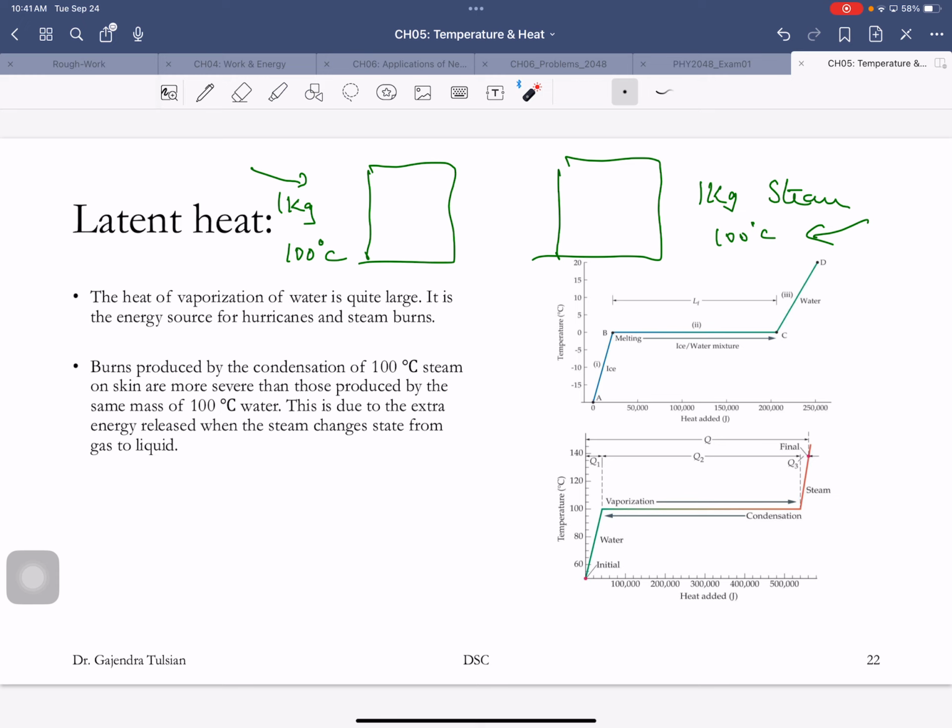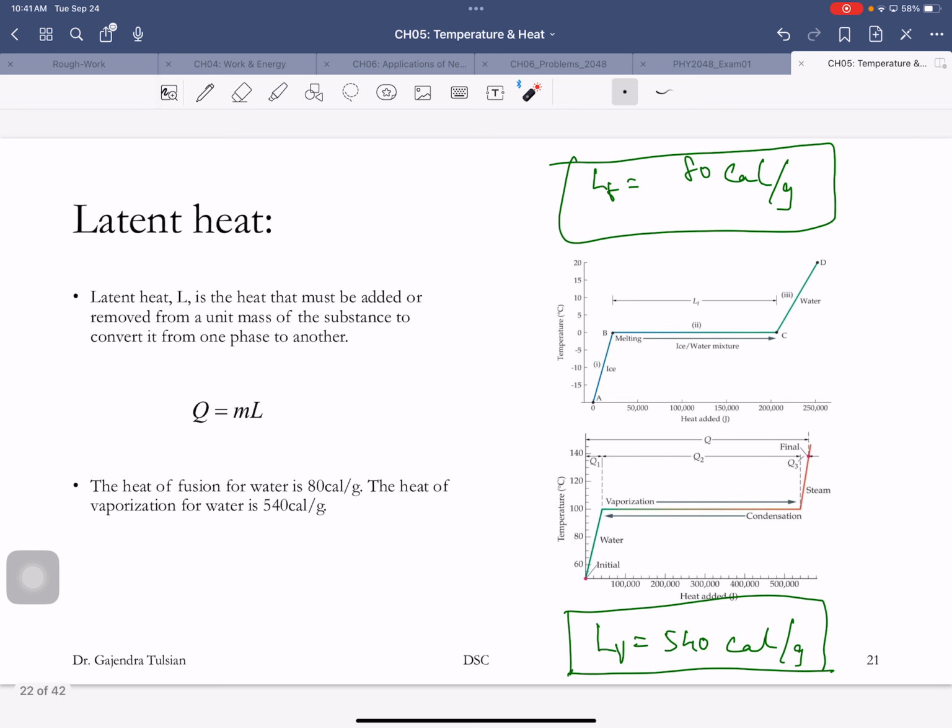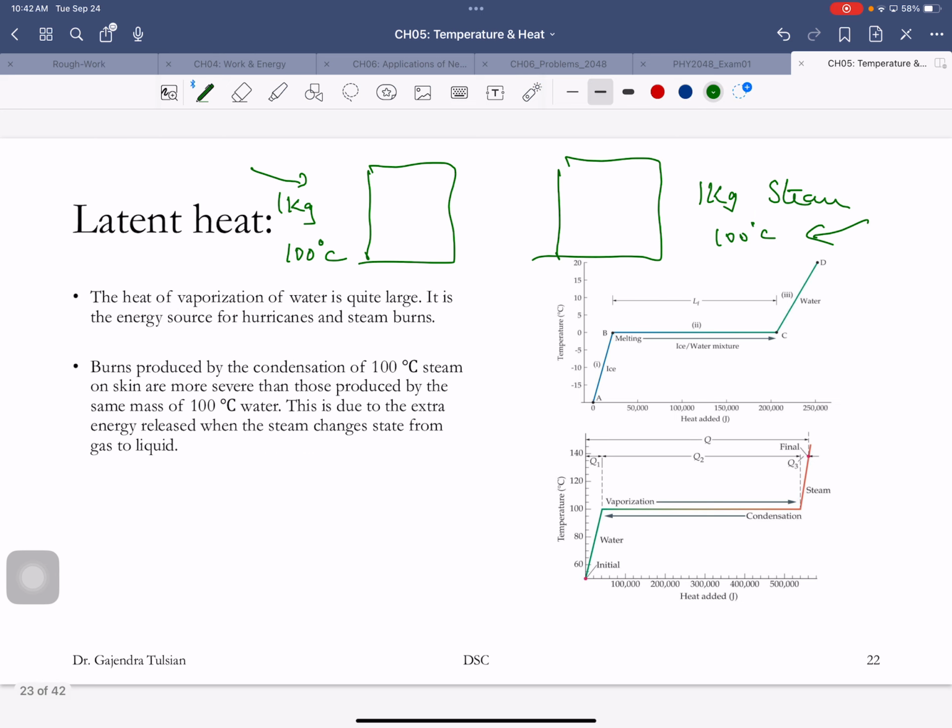Okay, so that's what you just learned, the latent heat of vaporization, 1 kg. So steam has 540 calories per gram more. 1 kg is 1,000 grams. So 1 kg of steam will have 540,000 calories extra.